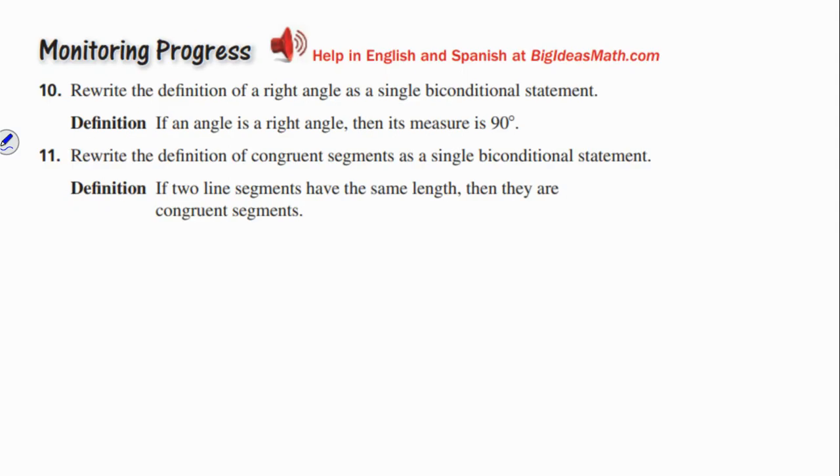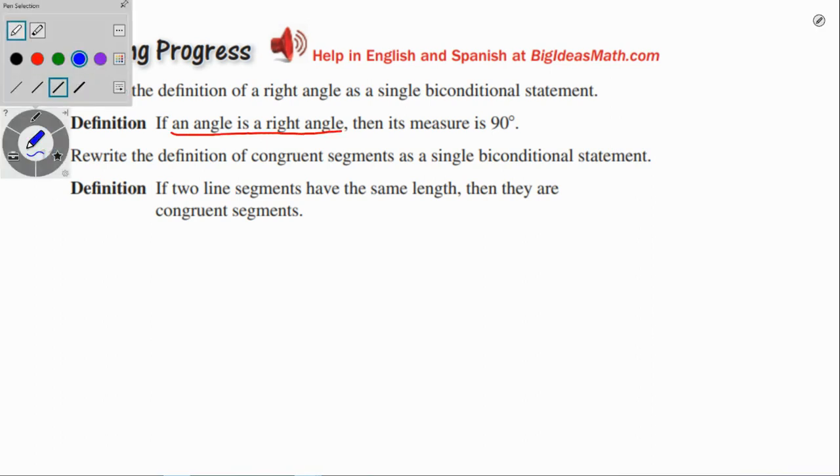All right, now I have two problems here I need you to look at. I want you to rewrite the definition of a right angle as a single biconditional statement. And then for number 11, I want you to rewrite the definition of congruent segments as a single biconditional statement. First, remember you want to identify what your hypothesis is and what your conclusion is. For number 10, we were looking at this: if an angle is a right angle, that's the hypothesis, then its measure is 90 degrees.